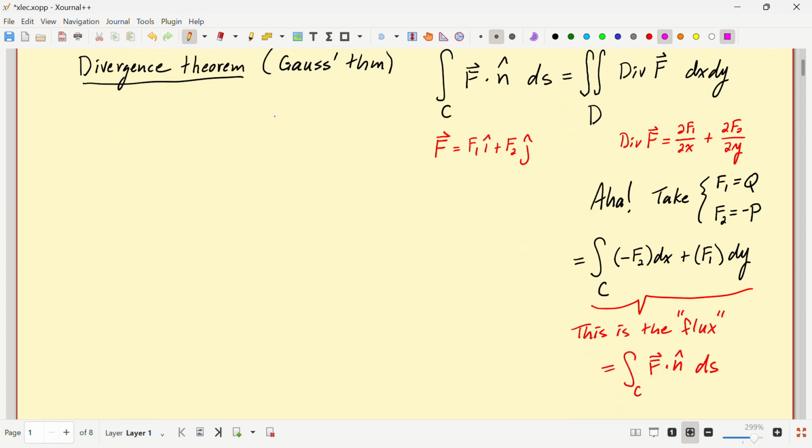So let me explain why it's the flux. Why is the integral around C of minus f2 dx plus f1 dy the flux?